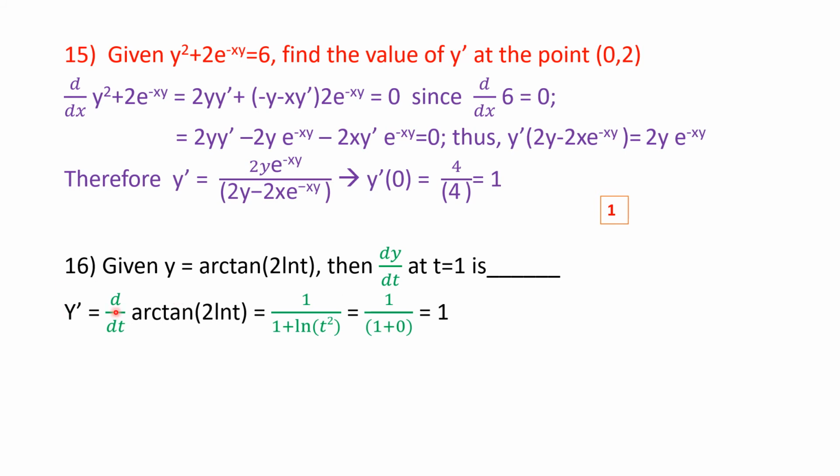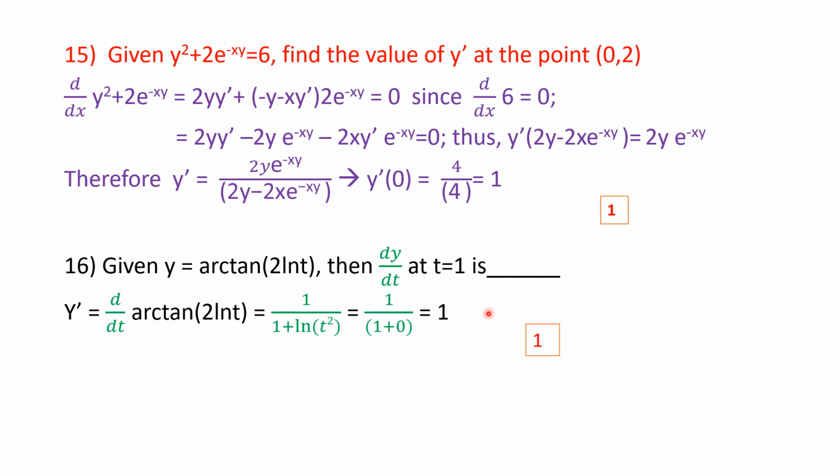The derivative of arctan 2 ln of t is 1 divided by 1 plus ln of t squared. And that's equal to 1 divided by 1 plus 0, because t equal to 1, the ln will be equal to 0. And that will give us the answer 1. So the correct answer also is 1.